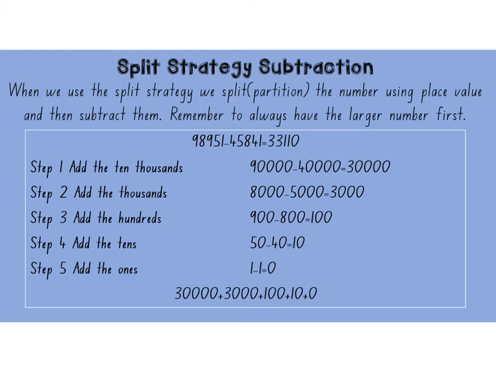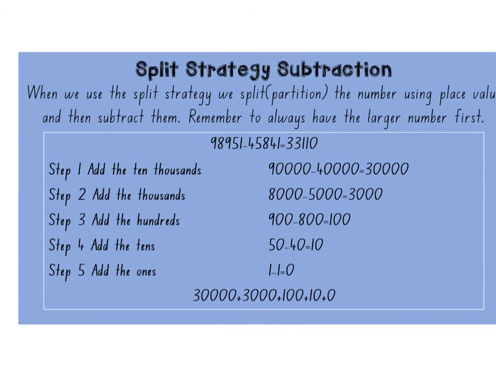When we use the split strategy, we split or partition the number using place value and then subtract them. But always remember to put the largest number first. So when we take away 5-digit numbers, we need to always start with the 10,000 number. So that's the number that's here. Then you need to subtract the thousands.